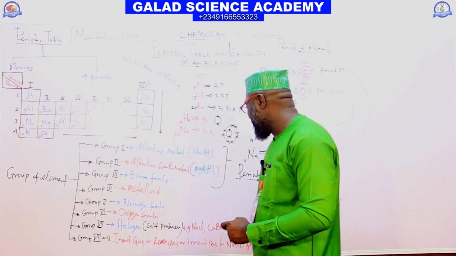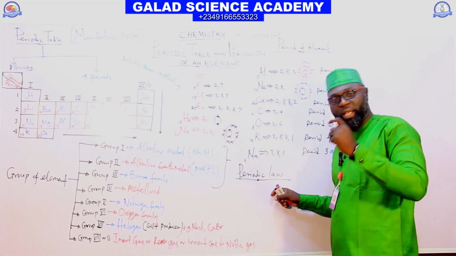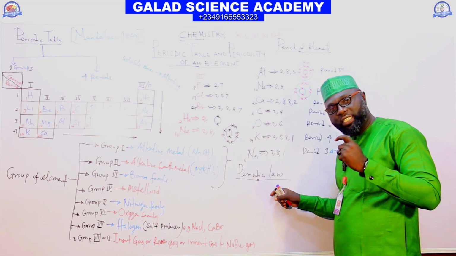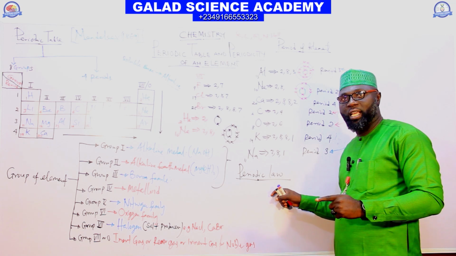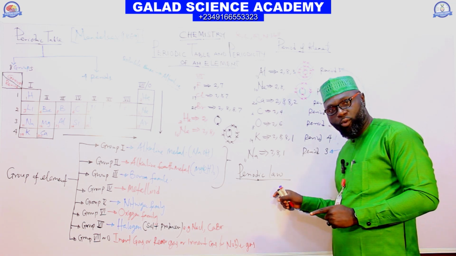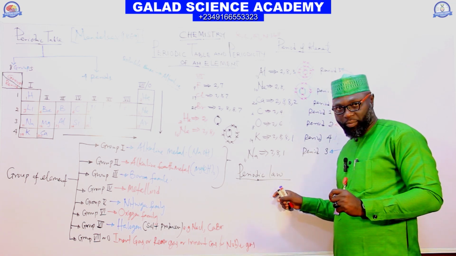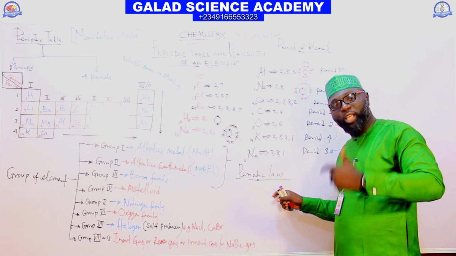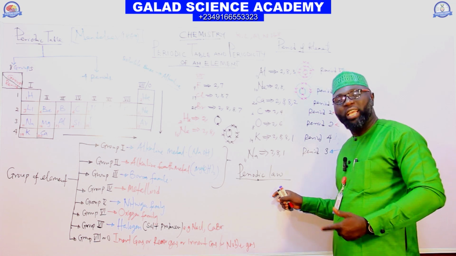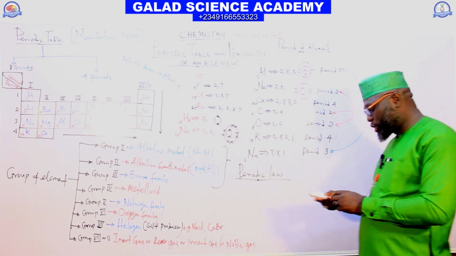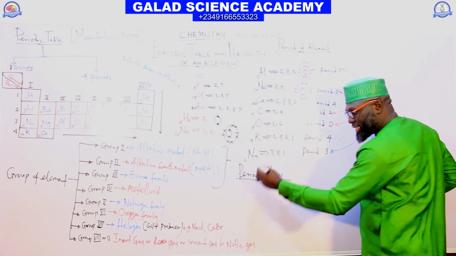The law states that the properties of an element in the periodic table is a periodic function of atomic number.